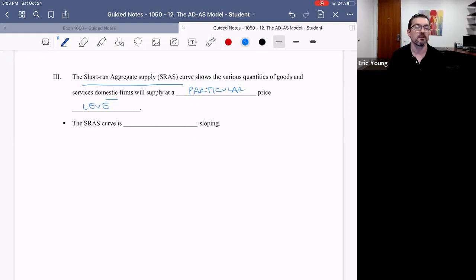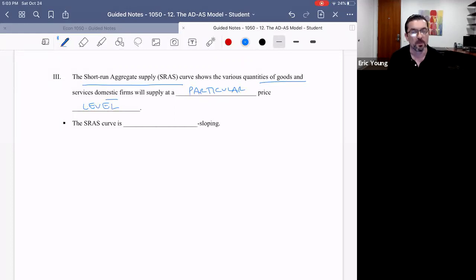We're talking about the comparison between real GDP and the price level. On the SRAS side, we're looking at the relationship between the various quantities of goods and services that firms will supply as a function of the particular price level.